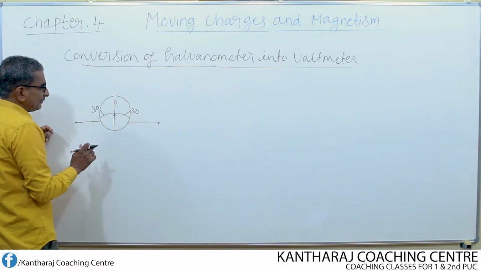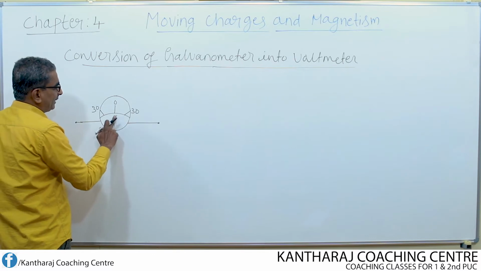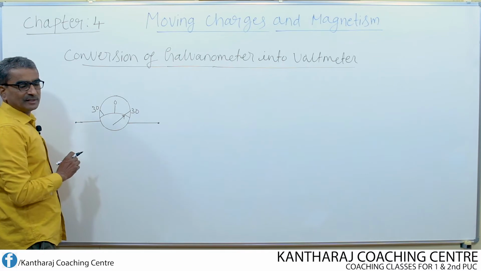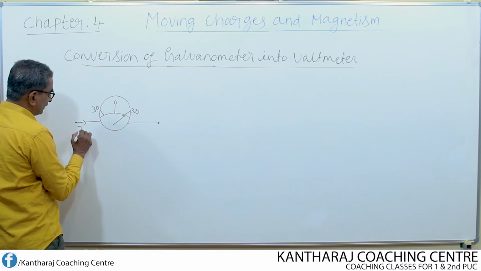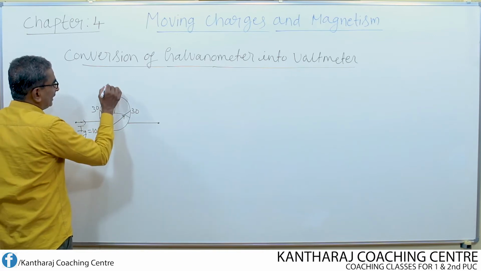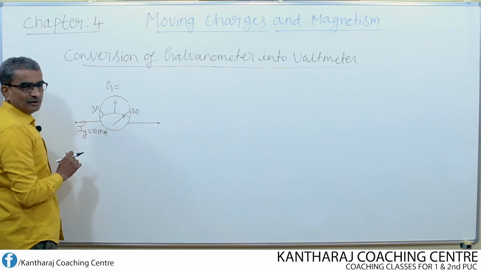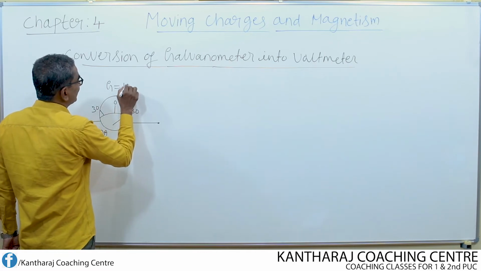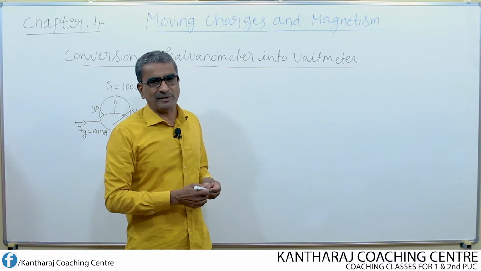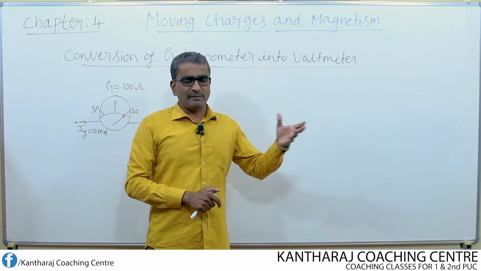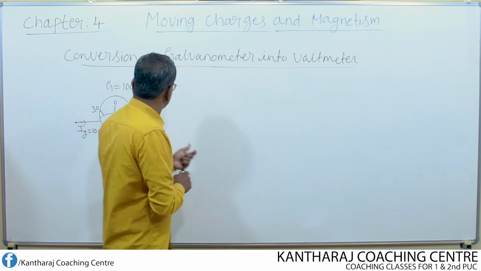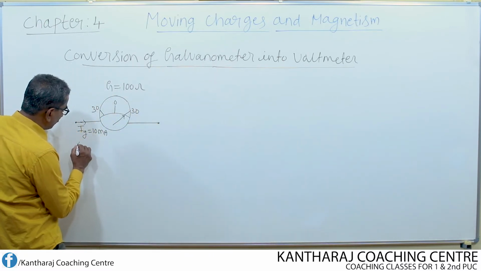So when some potential difference is applied, current flows through this, thereby the galvanometer shows the deflection. Suppose for full scale deflection, let the current be equal to 10 milliamps and let the resistance of the galvanometer be equal to 100 ohm, because most galvanometers will have a resistance varying from 80 to 100. There may be some galvanometers having a resistance even more than 100 also. Let V be the potential difference.